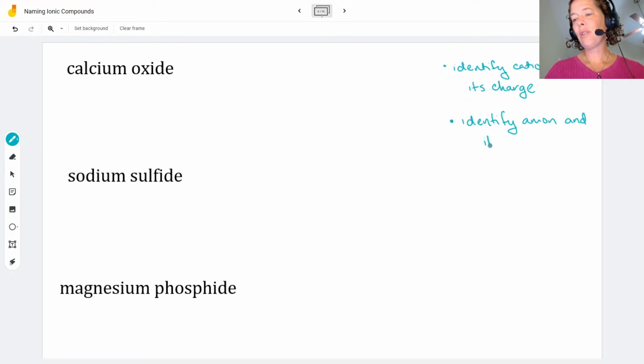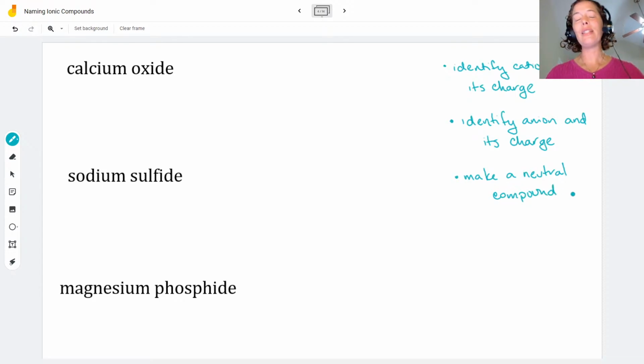Once we've identified both along with their charges, our final step is to make a neutral compound. This sounds easy, but this is the part that's going to take a little bit of math.